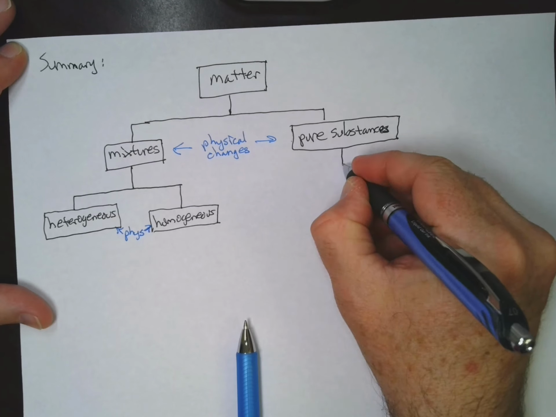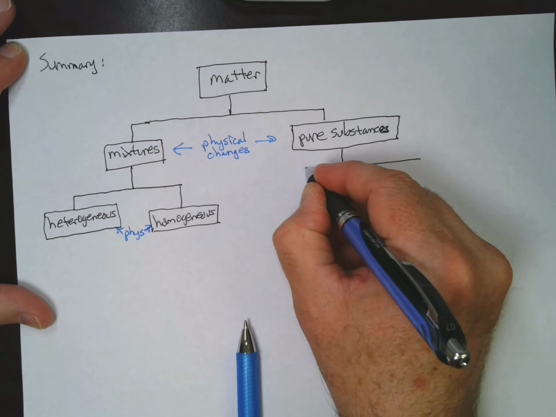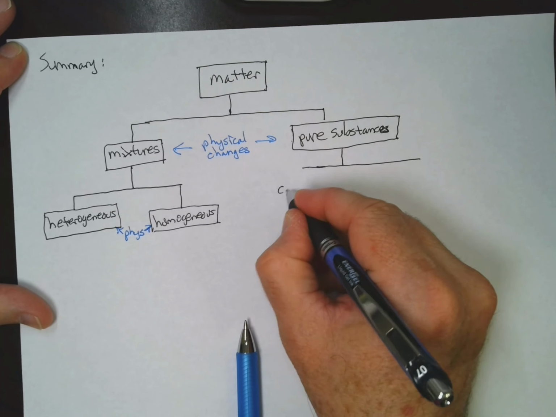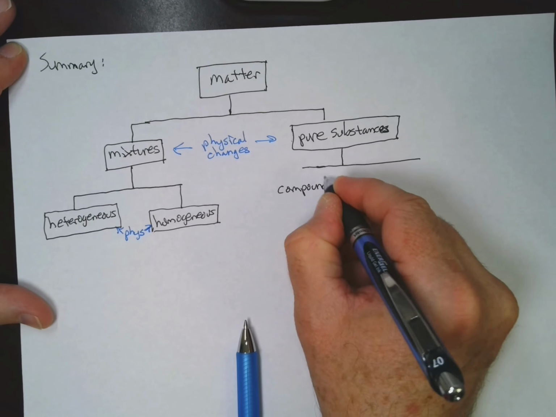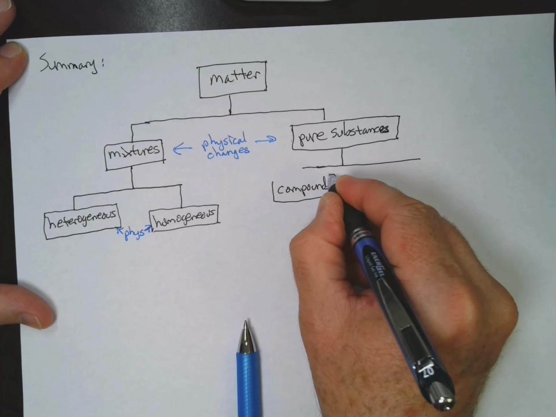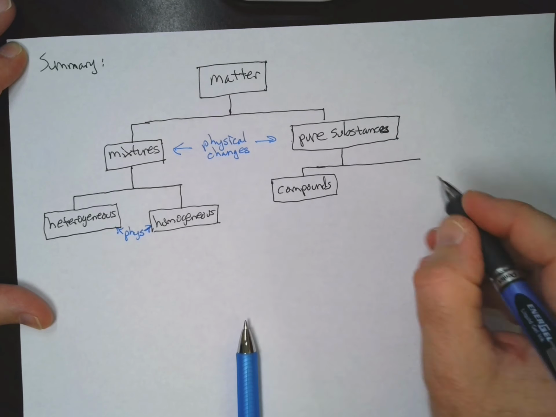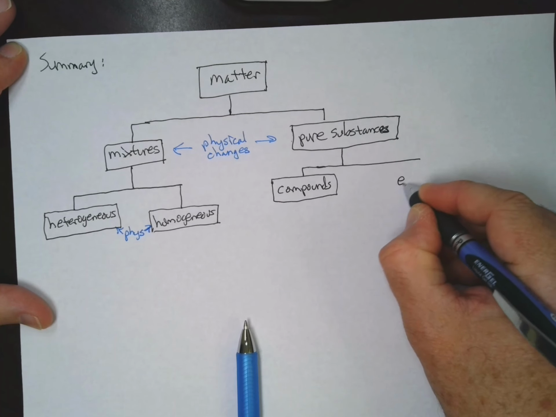Now, on the other hand, we have pure substances, which could be compounds, they could be elements.